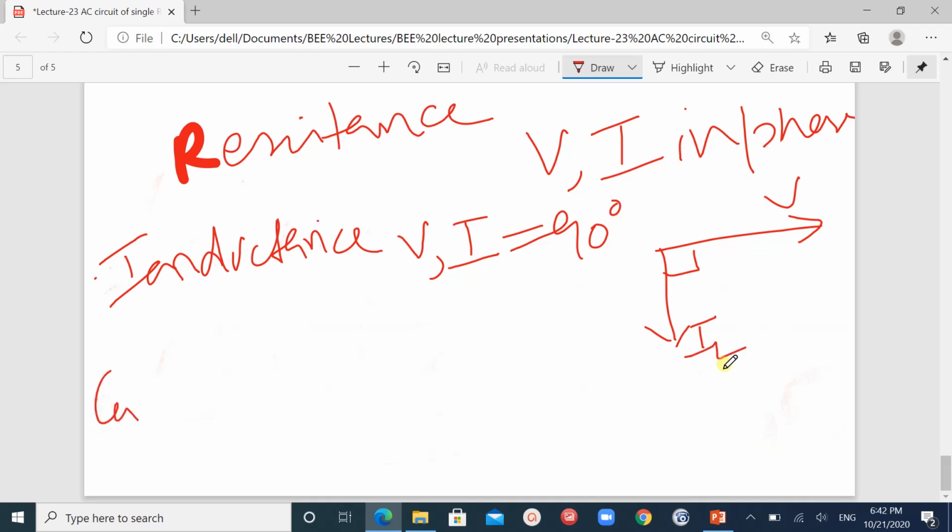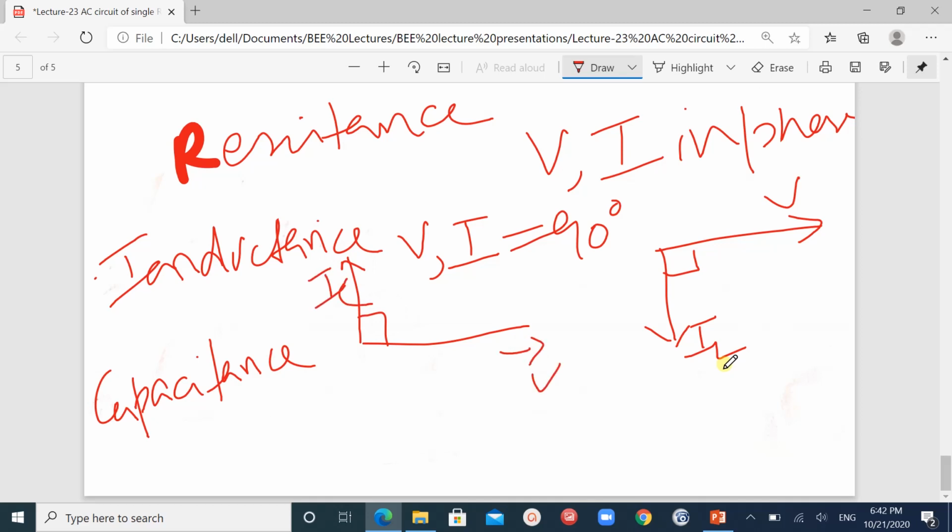But in the case of capacitance, current leads the voltage by 90 degrees. This is voltage and this is current IC, and this is IL. So we are having 3 cases: resistance, where voltage and current are in phase; inductance, where voltage leads by 90 degrees; and capacitance, in which the current leads by 90 degrees.